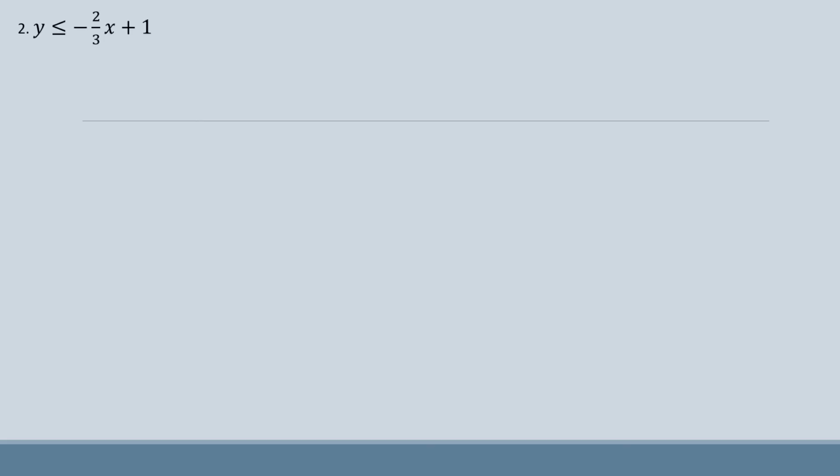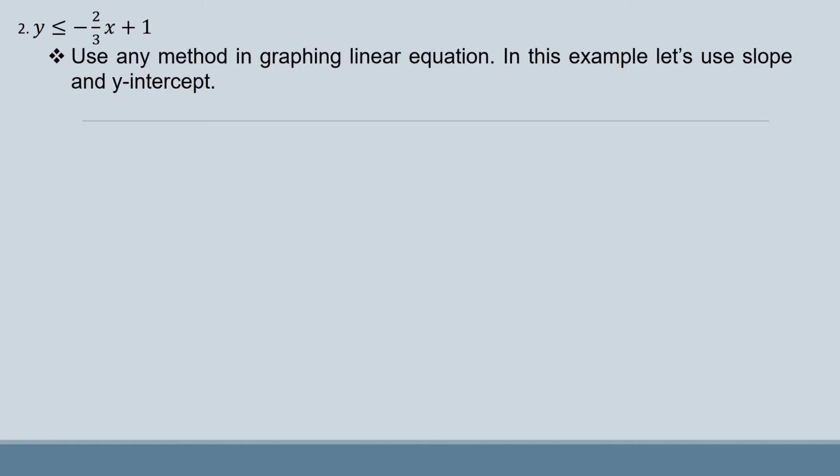Example number 2. y is less than or equal to negative 2/3 x plus 1. Use any method in graphing a linear equation. In this example, let's use again the slope and y-intercept. Slope is equal to negative 2/3 and y-intercept is equal to 1.